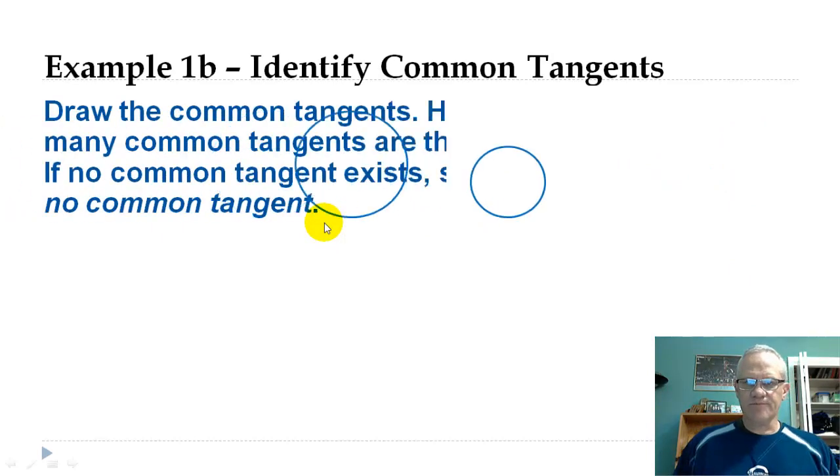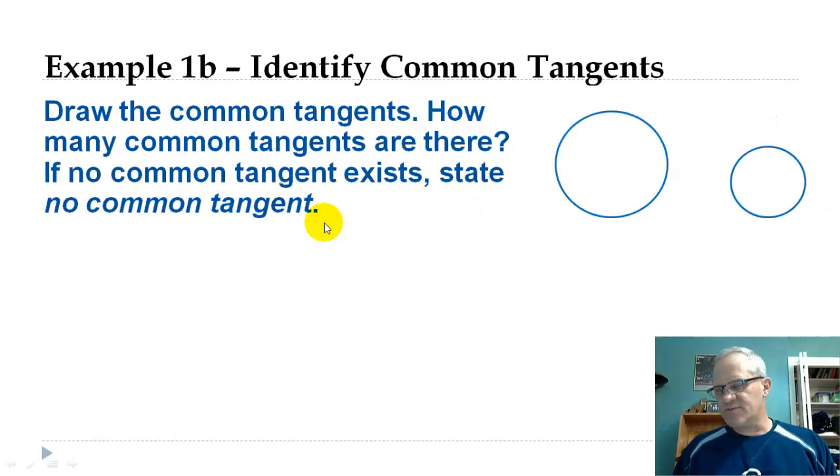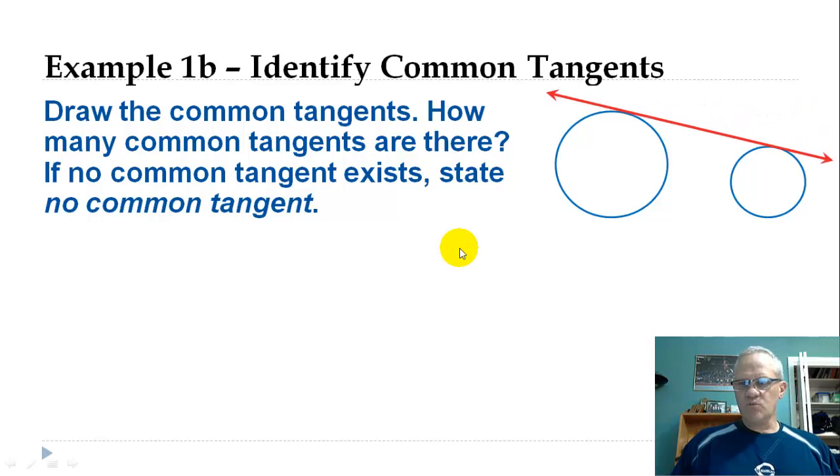All right. How about this one? This is more like the example I was giving you earlier. Same thing here. We're just going to draw whatever common tangents we can. There's one that we'd already talked about. You can draw a line that goes across both of those. And earlier I drew one kind of like this as well. So there are the ones that we did. But can you think of any other ones? There could be a couple more here.